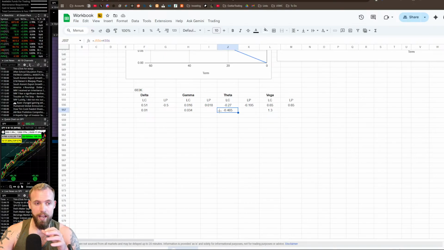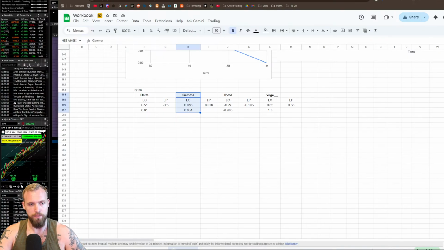Now, there's a way to try to minimize this through stuff like gamma scalping, but in this factor, the most important thing for us to pay attention to is both gamma and Vega. This is the profit side of the equation.